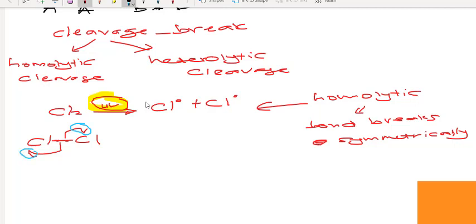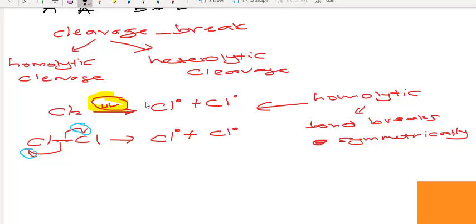When these two electrons are separated, one electron is given to this Cl and another electron to the other Cl, so there is no more bond connecting the two Cl. So we are going to produce two Cl dot.